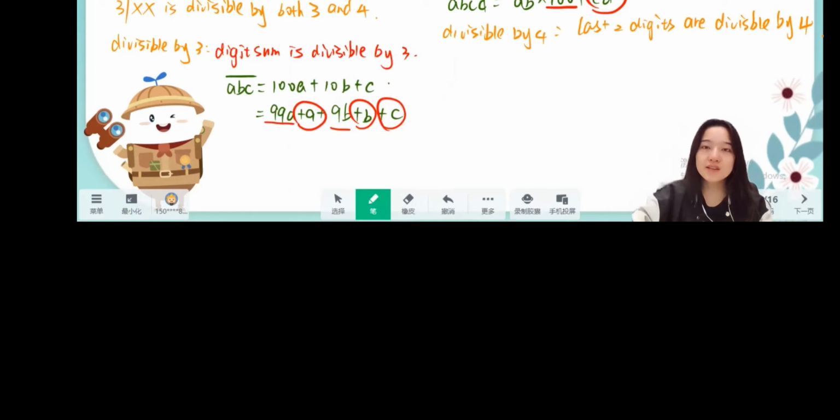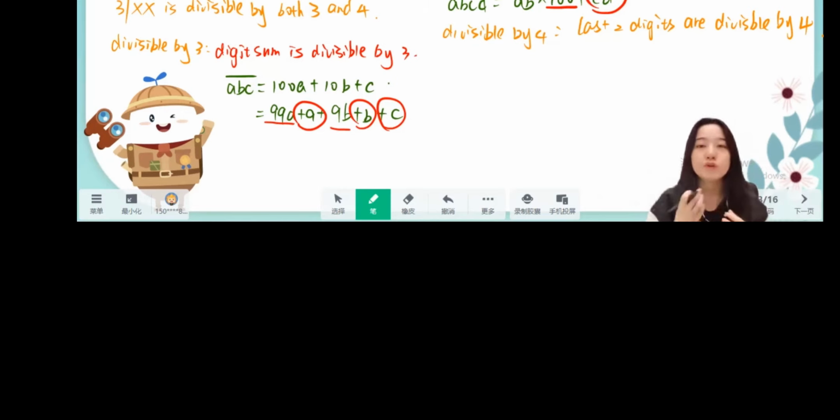And for 6, 66 is not divisible by 4. There will be a remainder 2, so we can eliminate option D. When x equals 8, 88 divided by 4 equals 22 with nothing left. So when we check if that number is divisible by 4, we can exclude option B and D.